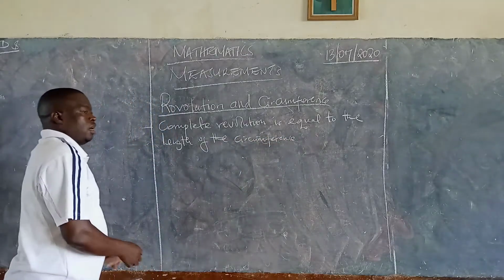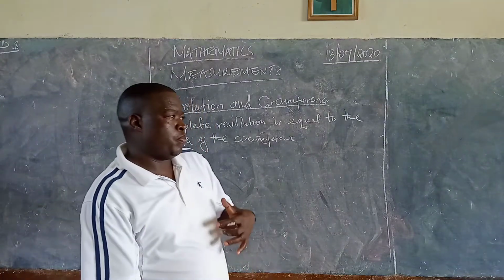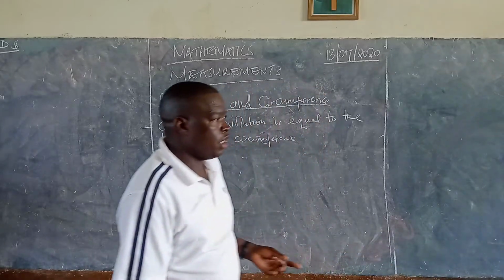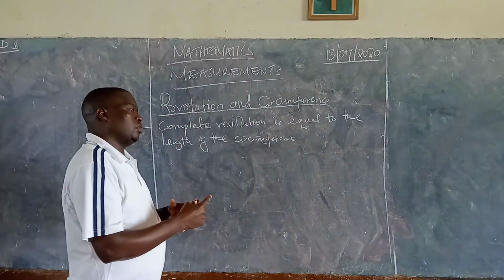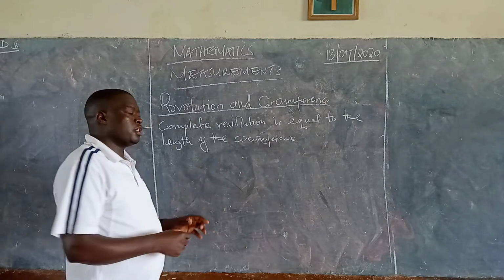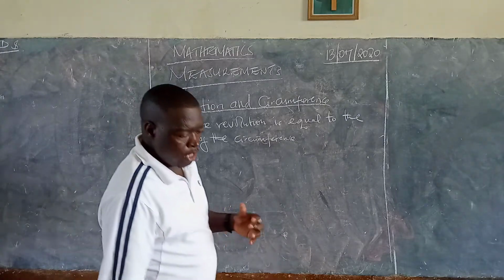So if you have a wheel and you make the wheel rotate, the number of revolutions it makes from one point to the other, we are going to use to calculate the distance from one point to the other.